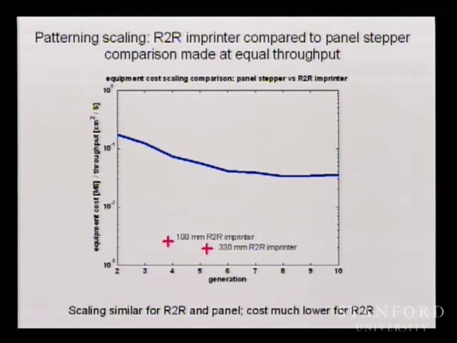And these are the costs at equivalent capacity of the 2 imprint systems that we've put together. And what we find is that the scaling law is probably pretty much the same, but you're a couple orders of magnitude down on cost. That's kind of a particular case because you're comparing what for us is a very inexpensive part of the process with the most expensive part of the photolithography-based process.